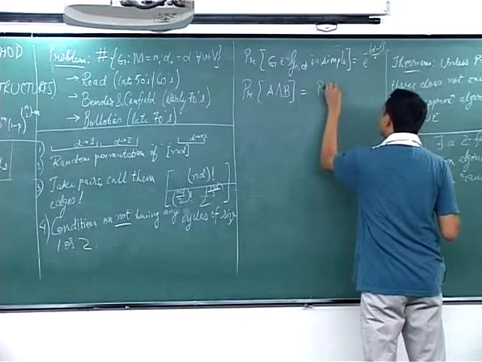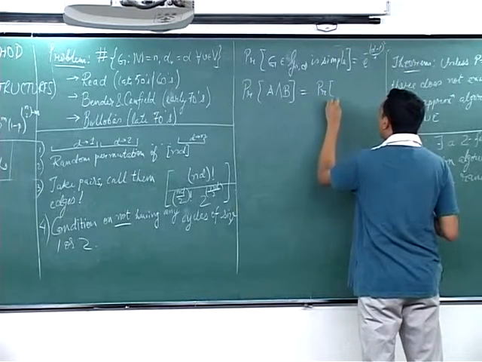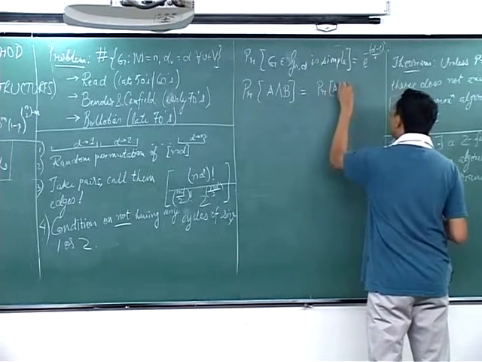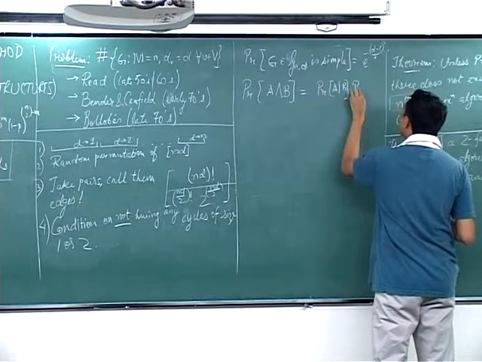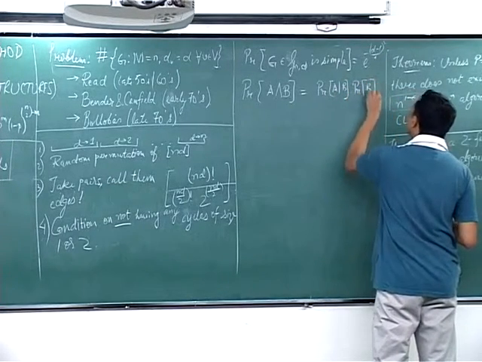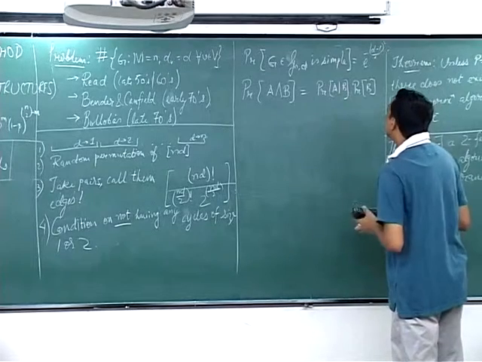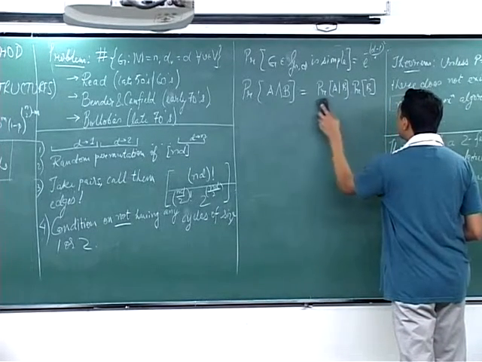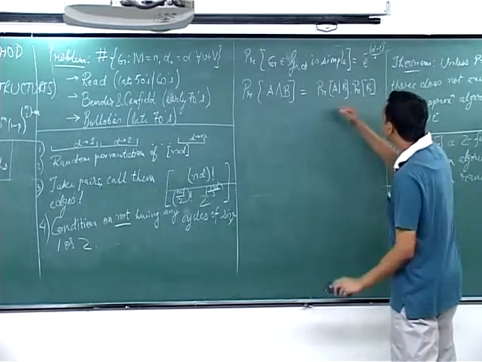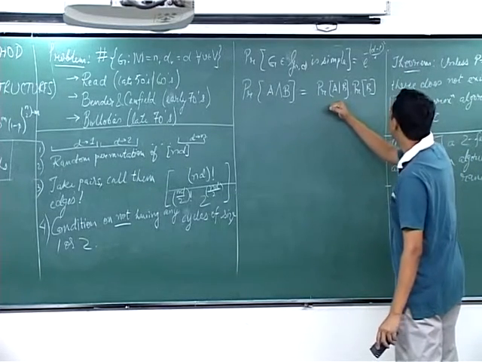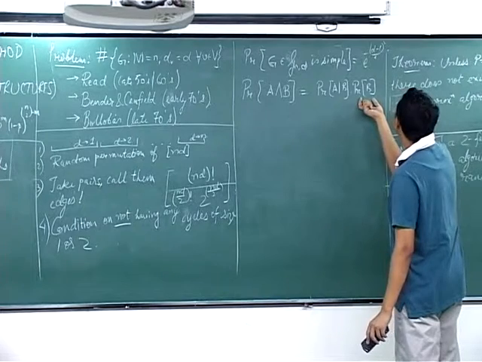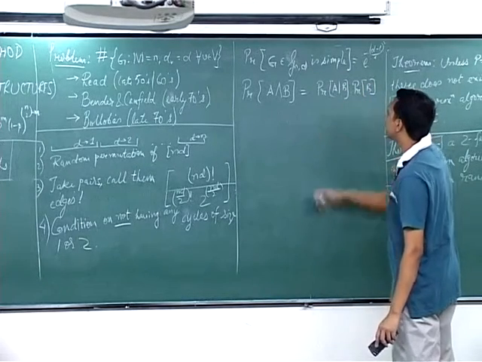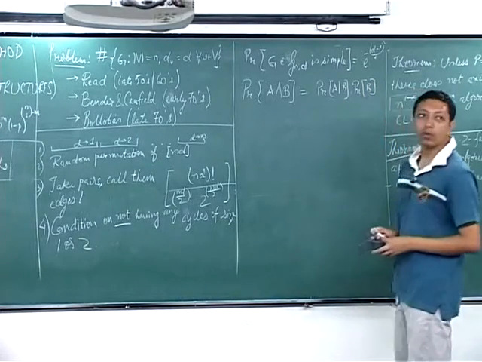This is the probability of A conditioned on B times the probability of B. So this is the probability that you get a random d-regular graph, and this is the probability that this graph is simple.